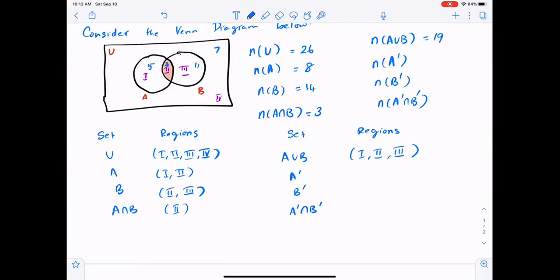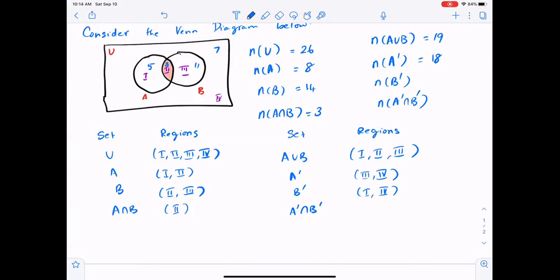A complement would simply contain everything that is not A. So you refer back to U and you will naturally see it is 3 and 4. The elements, if you add them, you get 18. Regions that are not in B would correspond to B complement. So 1 and 4, because the regions for B would be 2 and 3.